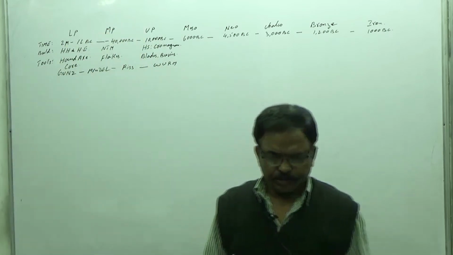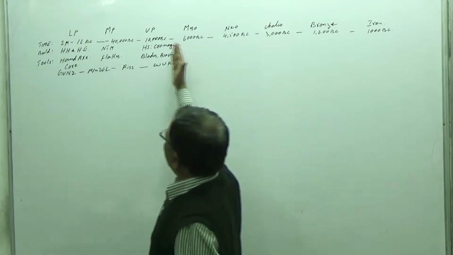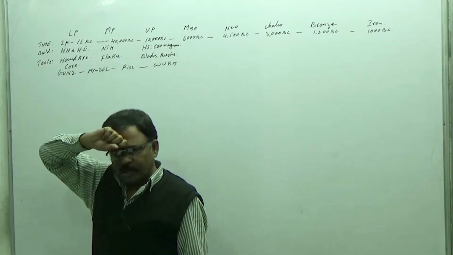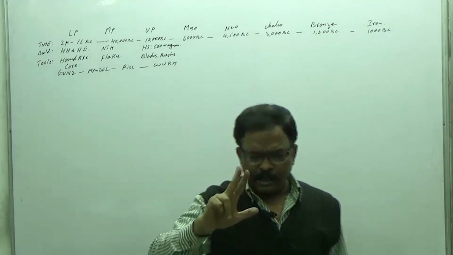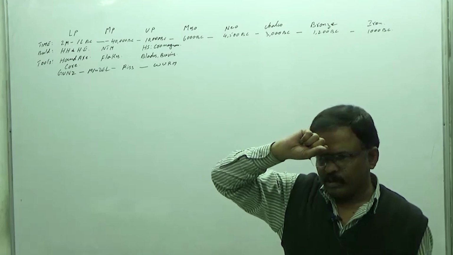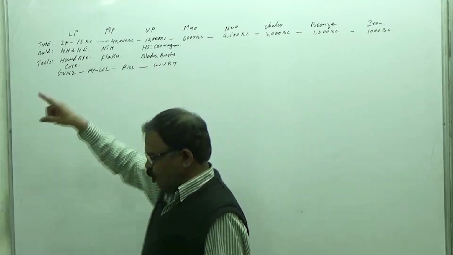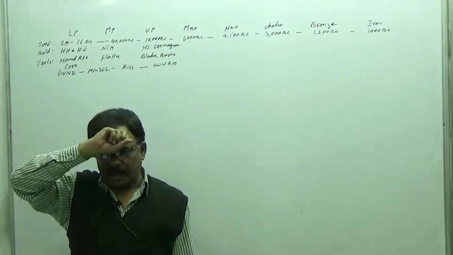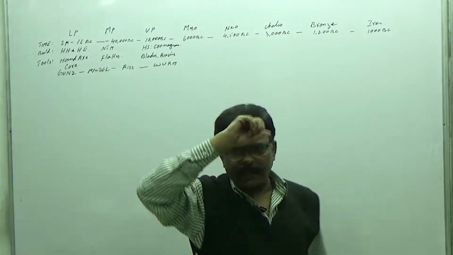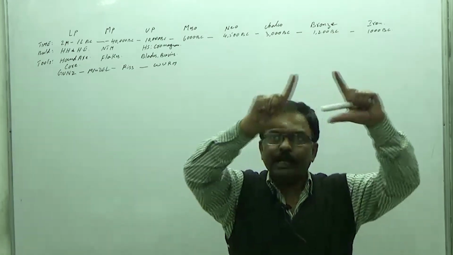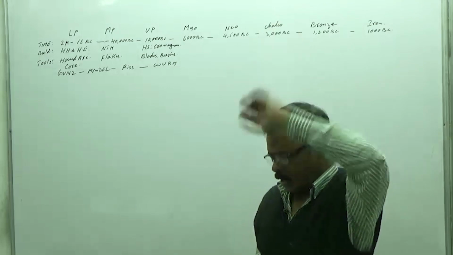That means up to the end of Pleistocene, glacial periods are there: Gunz, Mindel, Riss, Würm. So completely in Europe, in North America, again in Asia, the major continents are completely under coverage of ice. No land.